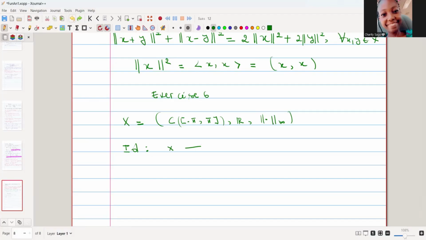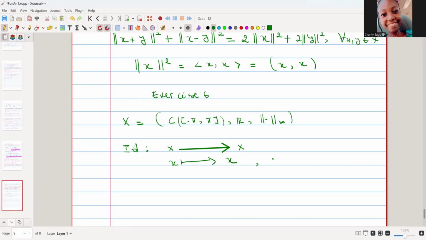It means that if you take an element, the image of the element is still the same element. That is what we call identity.